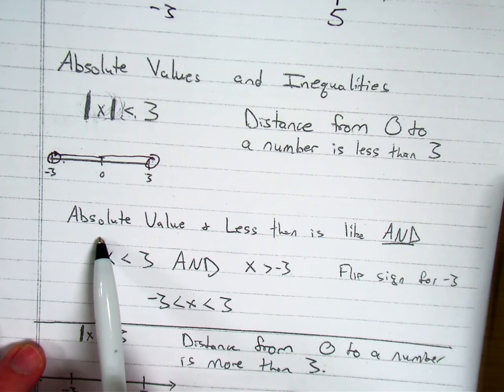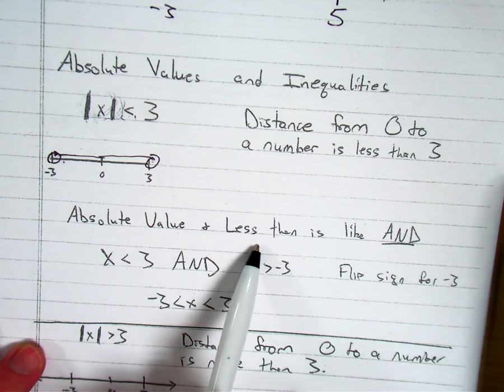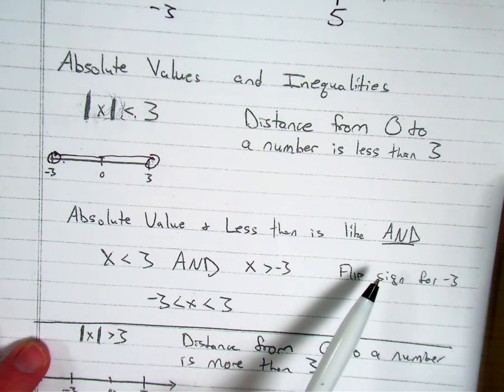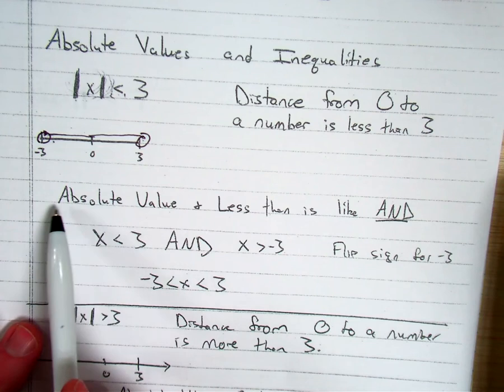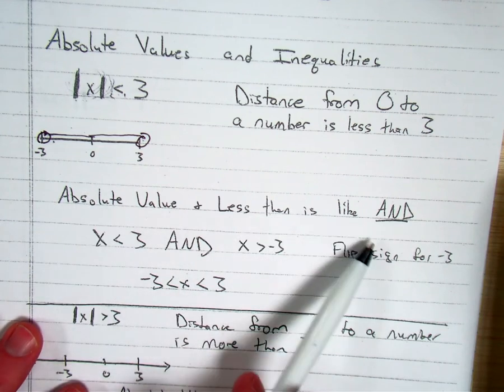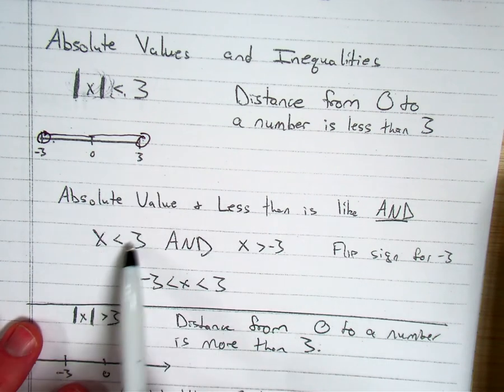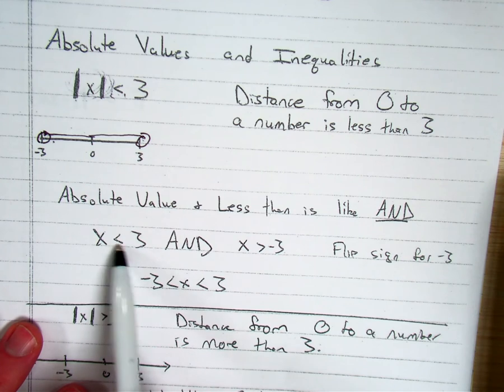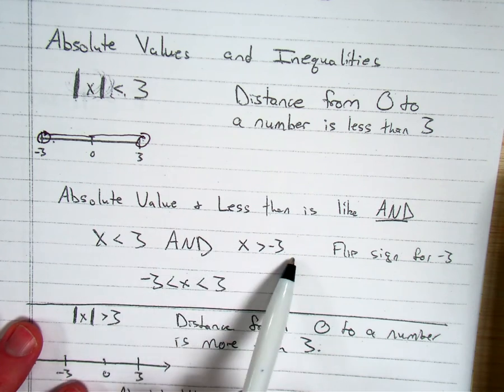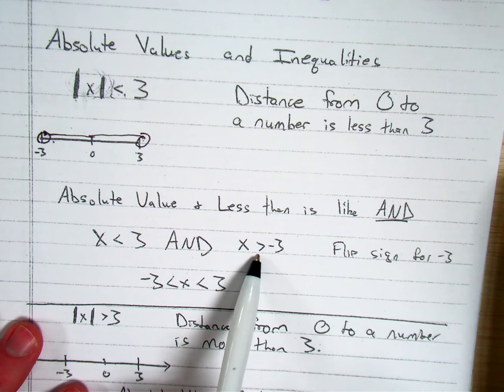So an absolute value with a less than sign is like an and. We need x to be less than 3 and x to be greater than negative 3. How can we flip it to greater than?